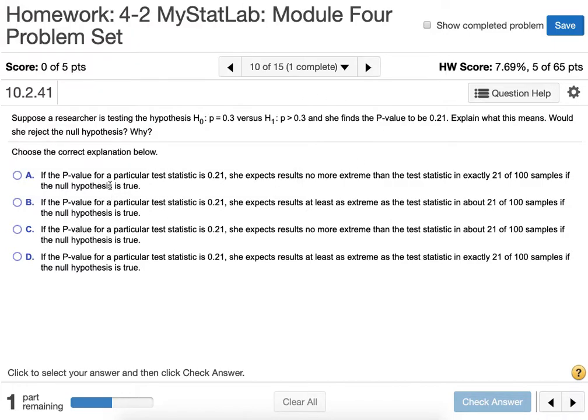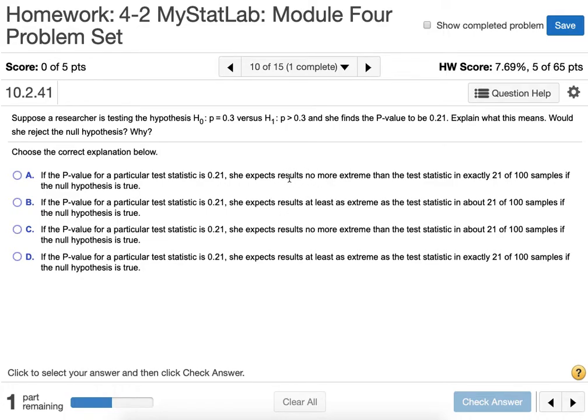So let's go ahead and take a look at choosing the correct explanation. If the p-value for a particular test statistic is 0.21, she expects results no more extreme than the test statistic. Actually, she expects results at least as extreme.